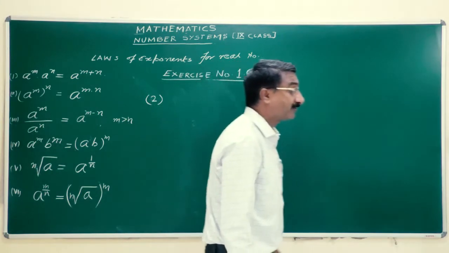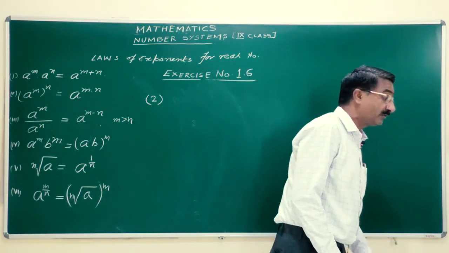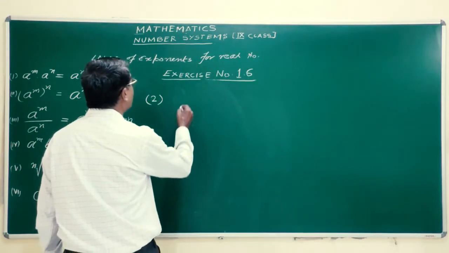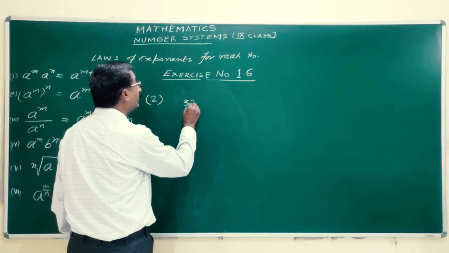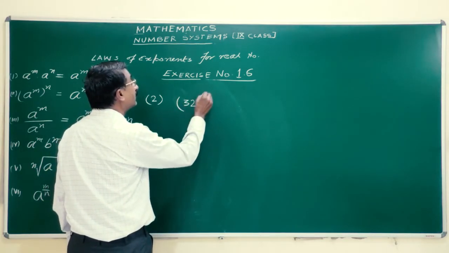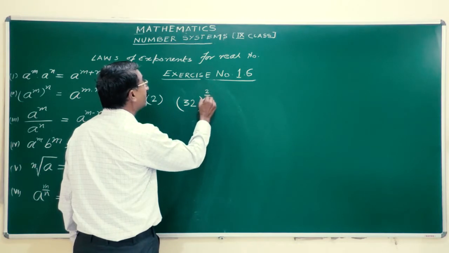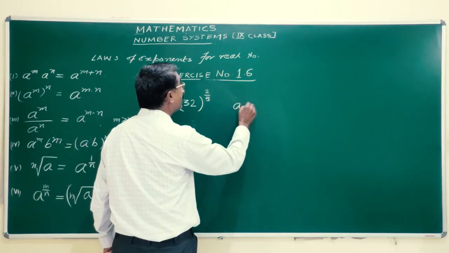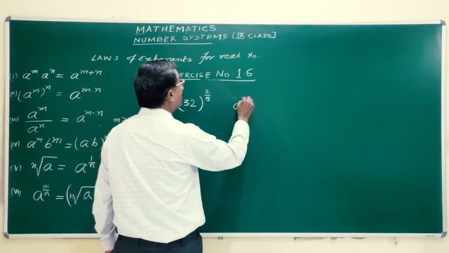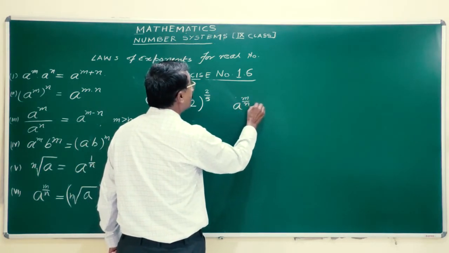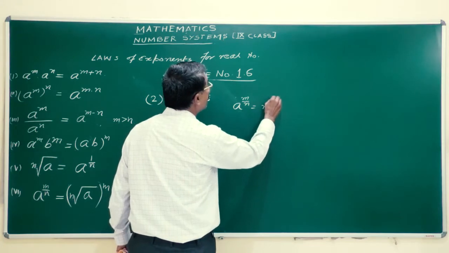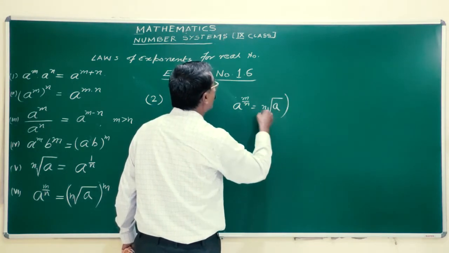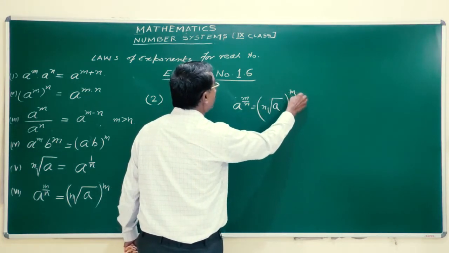Second part of the second question is 32 raised to the power 2 by 5. Here I am writing a raised to the power m by n is equal to the nth root of a, whole raised to the power m.